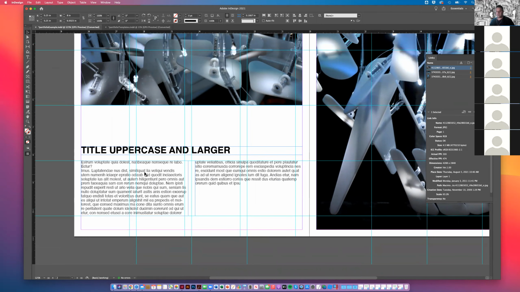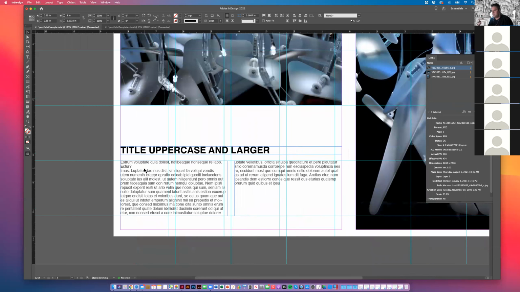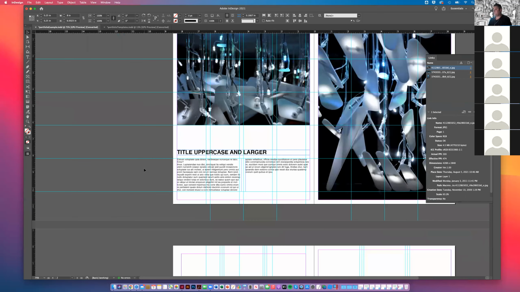So you can fill this up with a text block with what I call InDesign gibberish, Latin or something, just so you have some random sample text to begin to format and get it just right. So, estrum voluptate, qui delest, I don't know what any of that means, or if it means anything at all, actually, probably doesn't.